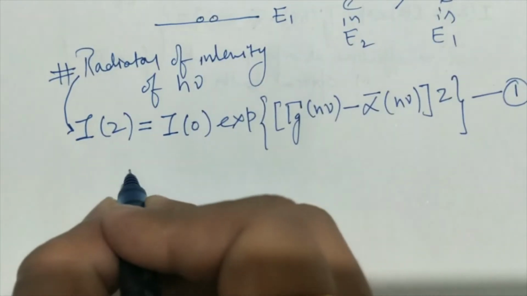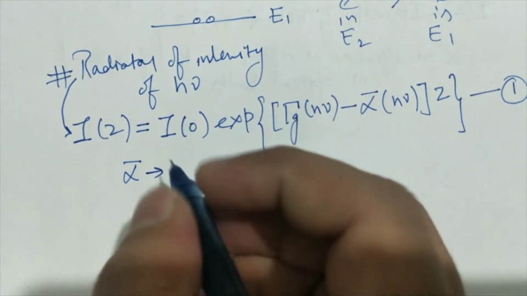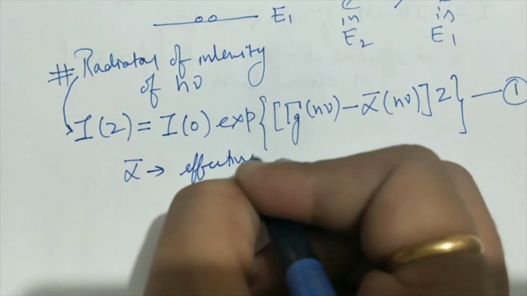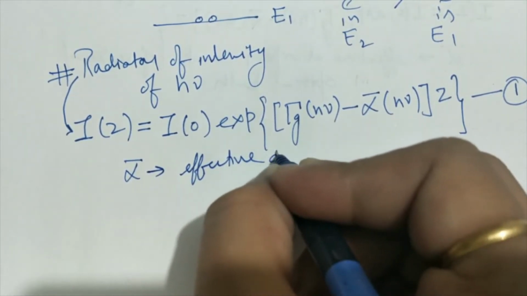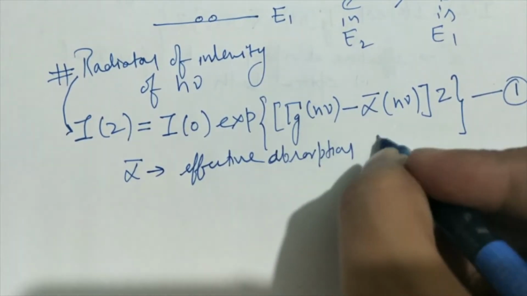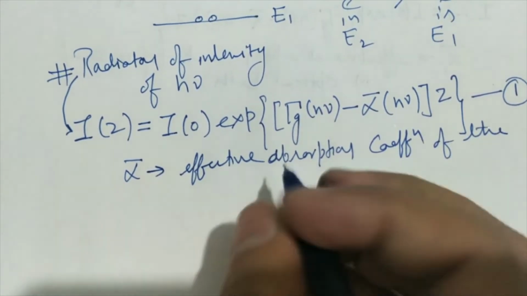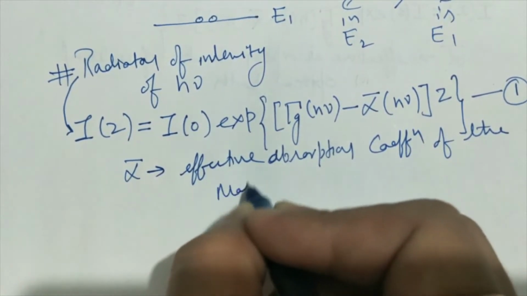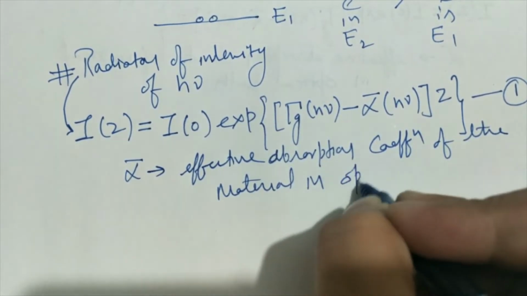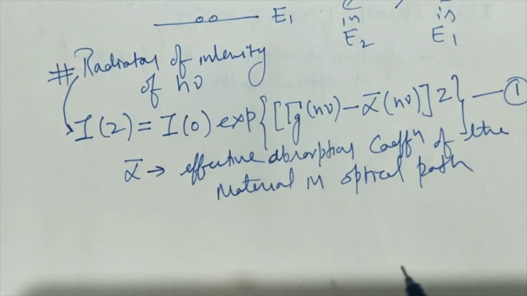Here alpha bar is the effective absorption coefficient of the material in the optical path.